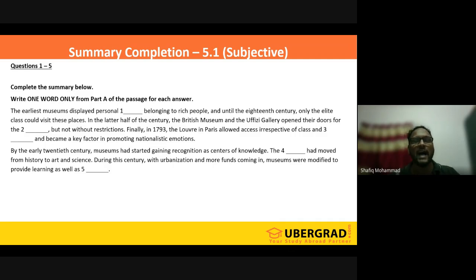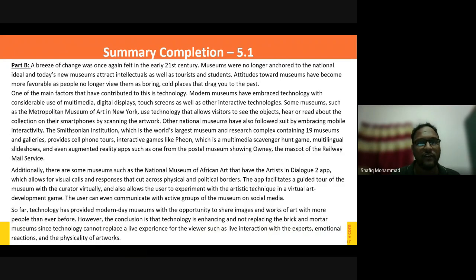But believe me, don't leave any question unattended, because if your guess is correct, there's a 25% chance to get it correct. You'll get a mark, and that mark can take you to a higher band score. Just don't forget this.